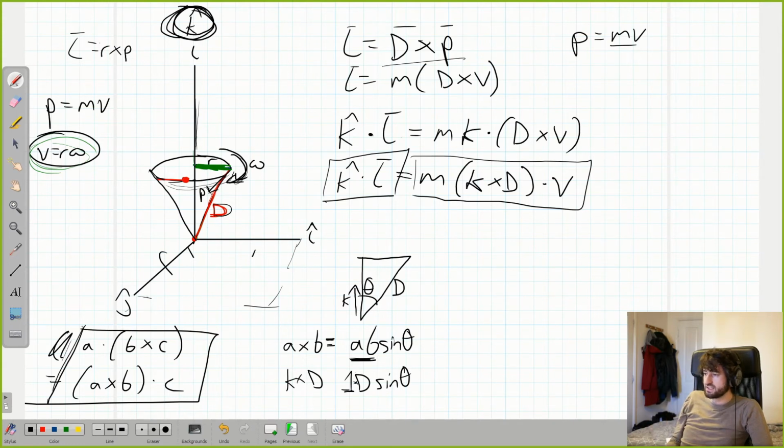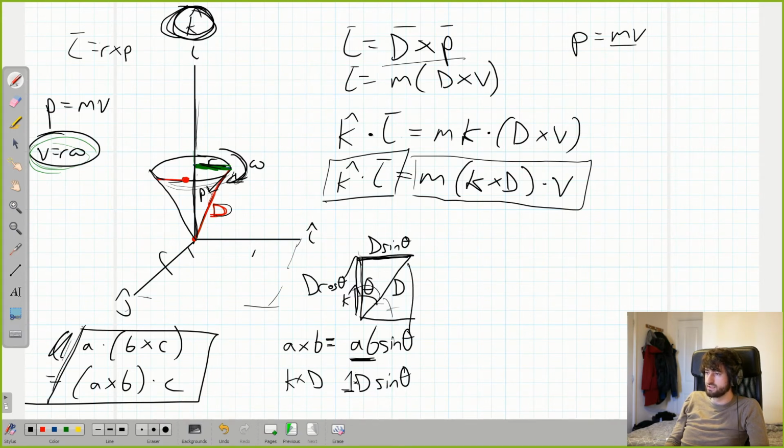If we want D sine theta, remember the height of this thing is D cos theta, and this radius R is D sine theta, because the same side as cos, the away is sine.